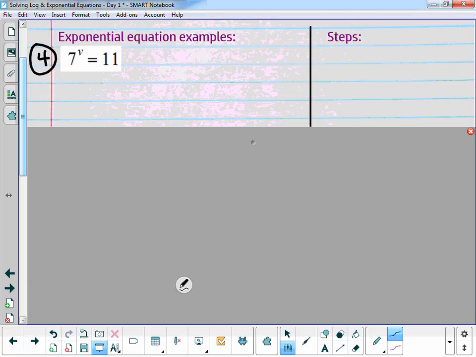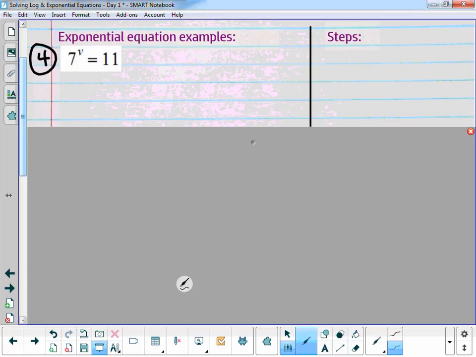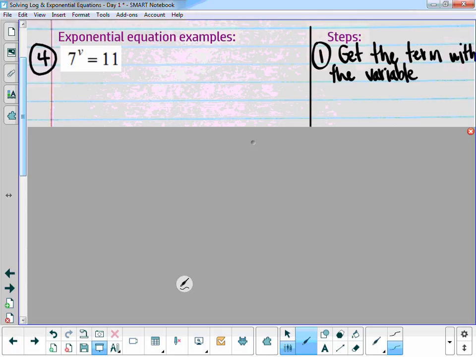Okay. So exponentials. First step with an exponential equation: if you run out of room, you're okay to go on to the next page.